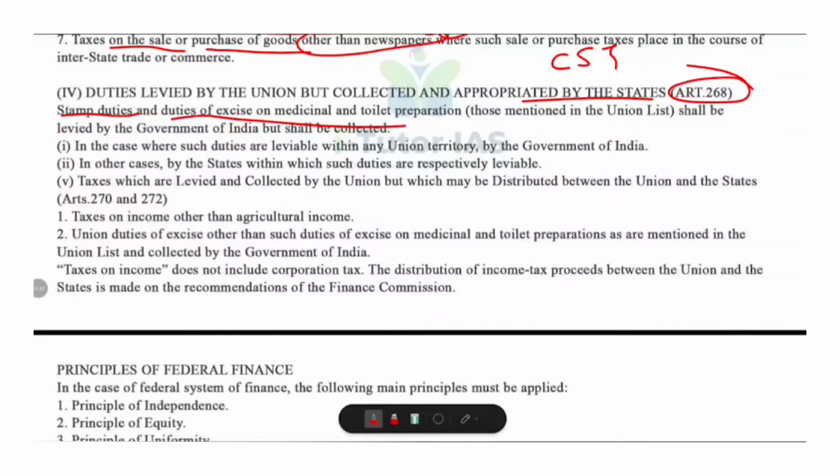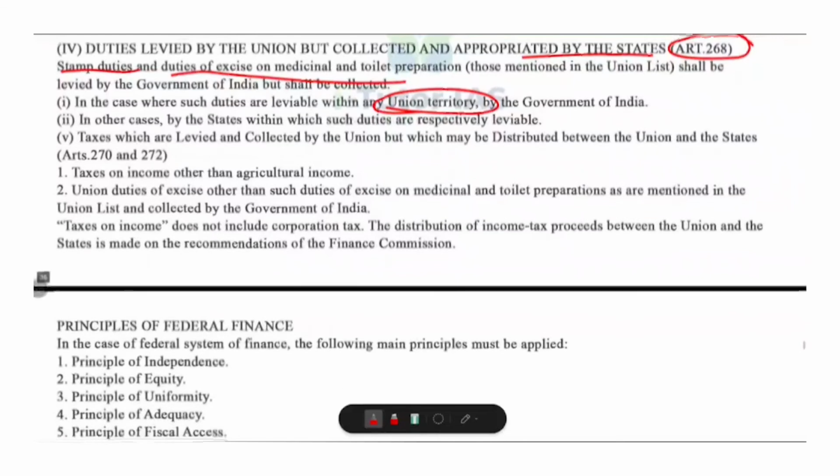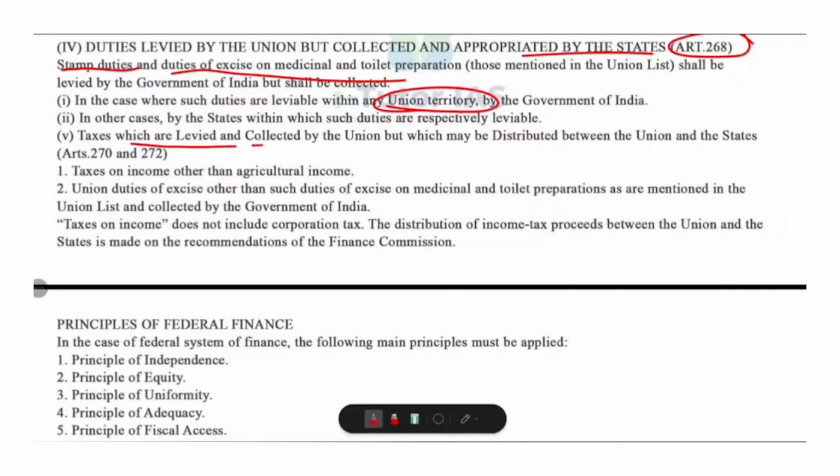The same rule: levied by the central government, collected and retained by the state where they are produced or consumed. But there are some special cases. If these duties are levied within any union territory, then they are collected by the Government of India.